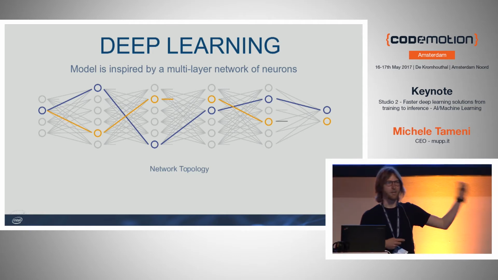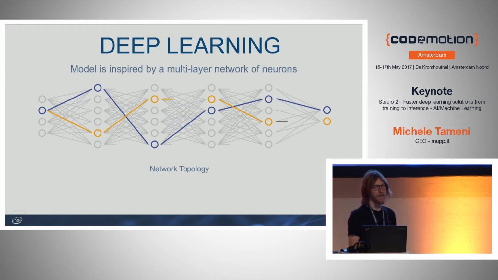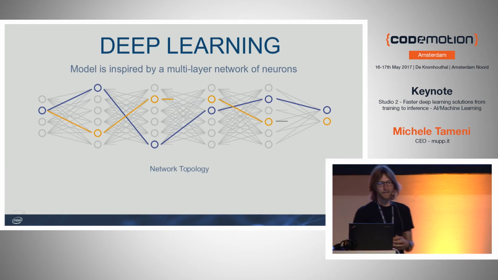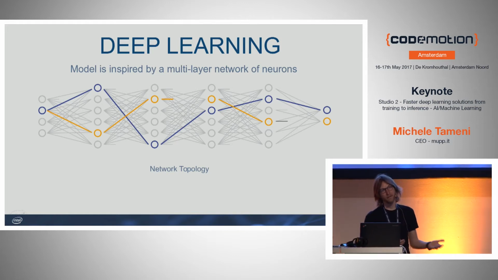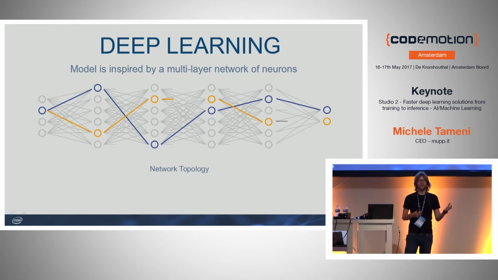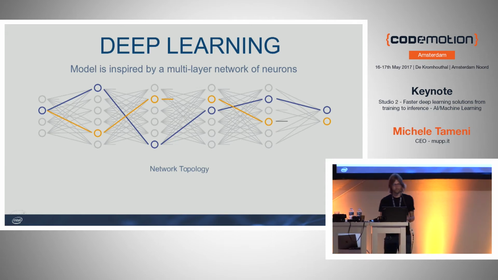So like a person in the image, or a cat, or a dog, or a car, or something like that. This network is called a topology. And the topology may differ in the number of layers and the number of neurons. And there are some really good topologies for solving specific problems.